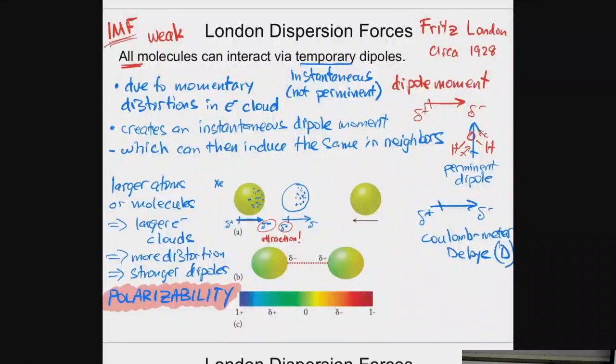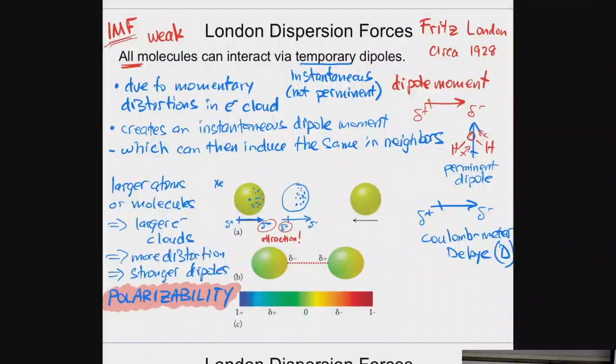So you may find, as you read through the chapter, that sometimes they'll give you an actual value of the dipole moment. That's okay. We're not going to be doing that. You should recognize what it is, but if you're given that information, it's to be able to assess, well, what's going to be the relative intermolecular attractive force on, say, maybe compound A versus compound B versus compound C. And we'll have lots of chance to practice that near the end of this chapter together.